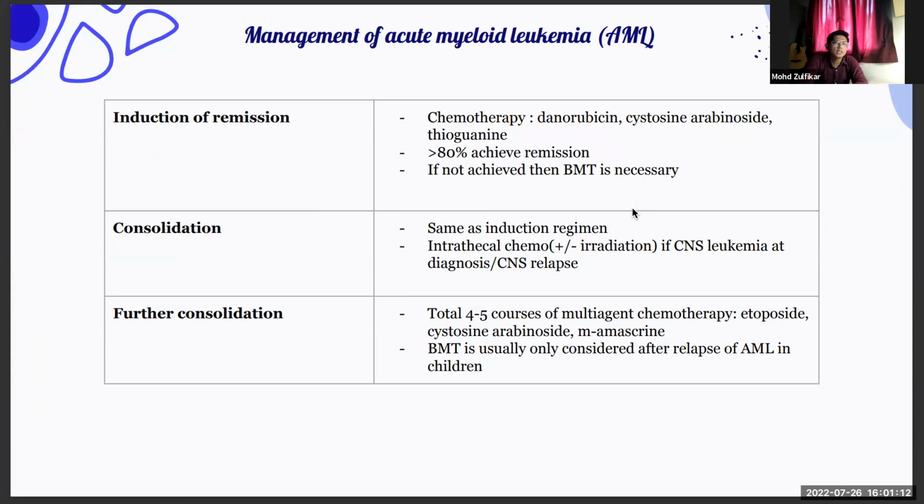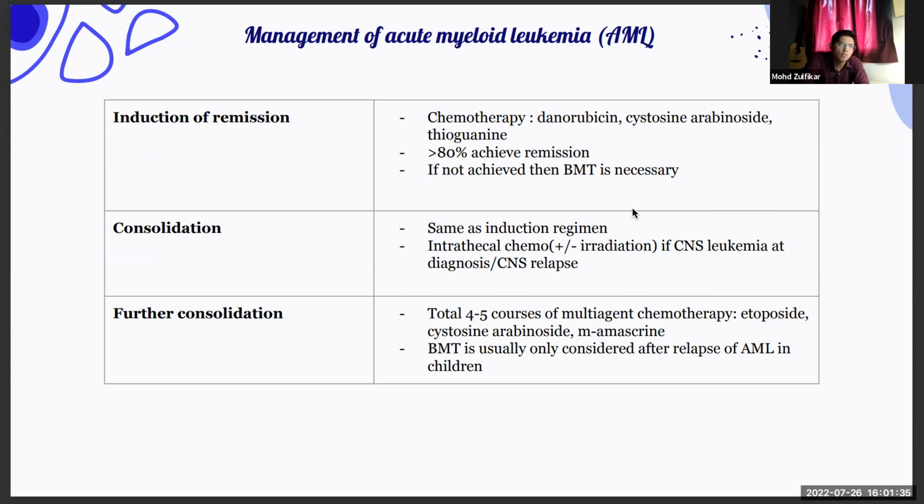So we have already discussed the management of acute lymphoblastic leukemia. So let's see the management of acute myeloid leukemia, AML. Basically the steps are almost similar, involving the induction of remission and also consolidation.